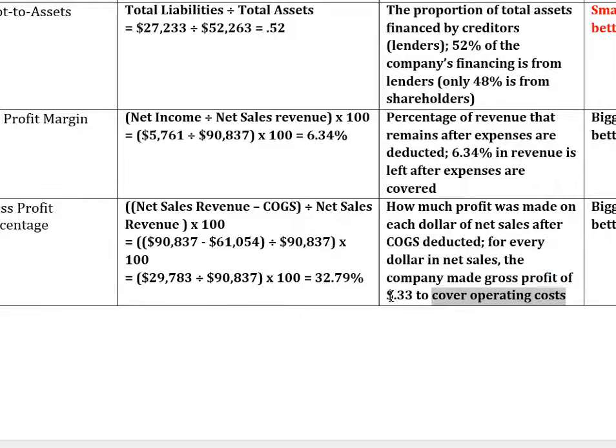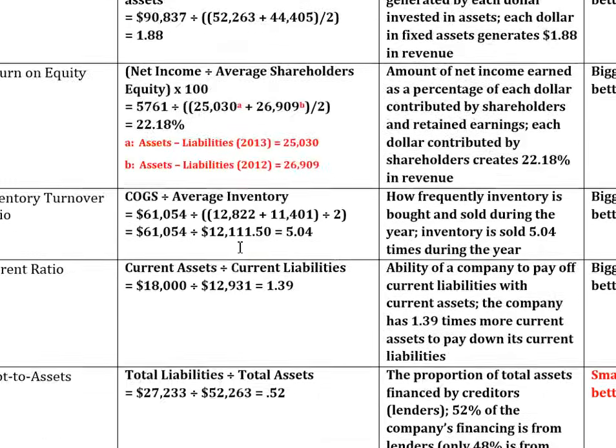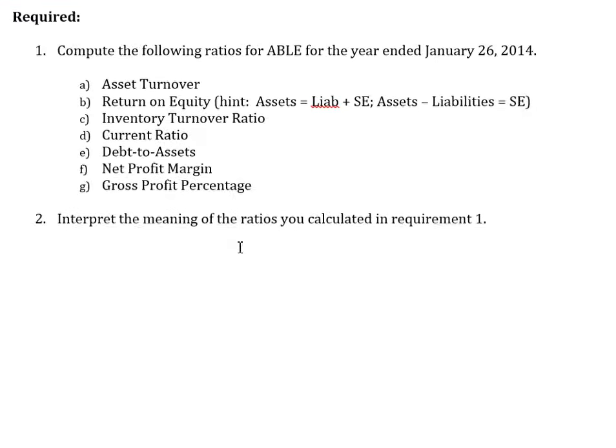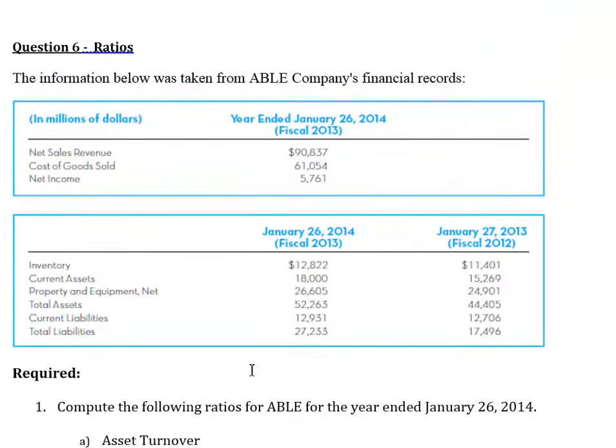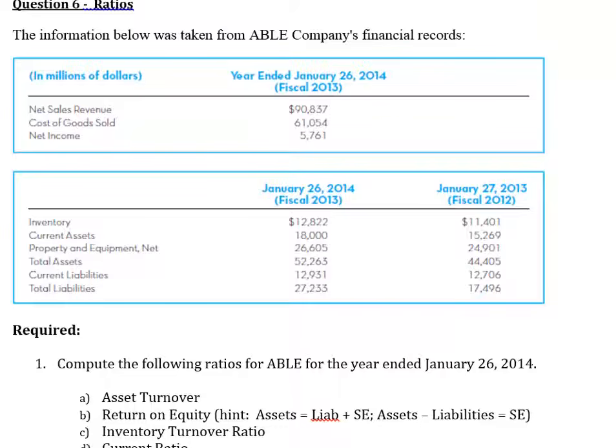So you want to make sure this number is as big as possible, so you make sure you have enough to cover your operating costs. So bigger is better. So that concludes our series of calculations and interpretations on the ratios for this question. So hopefully you found this to be a little bit of help to you.